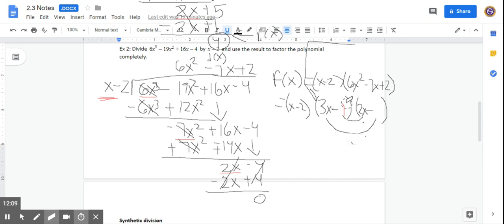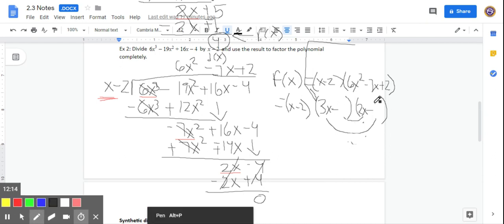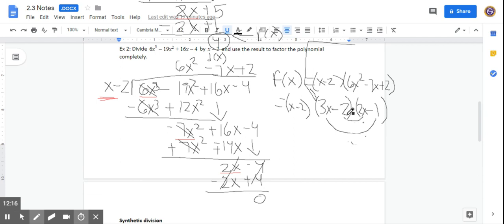We'll switch this to 1, this to 2. So now I have negative 2 times 2x, I get negative 4x. 3x times negative 1, negative 3x. When we add them together, we get negative 7x. So here are my two factors, and this is now factored completely.